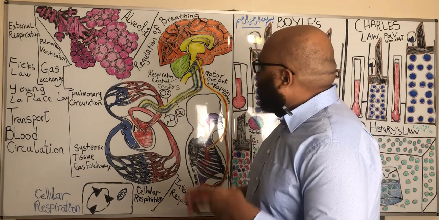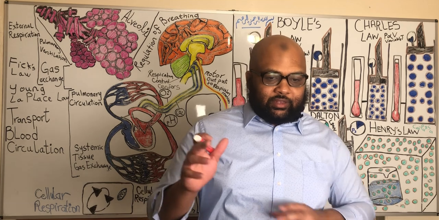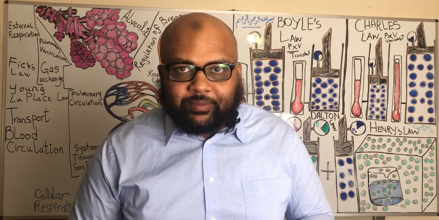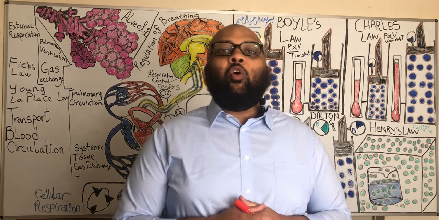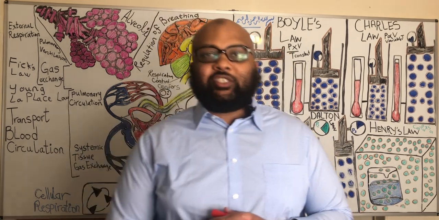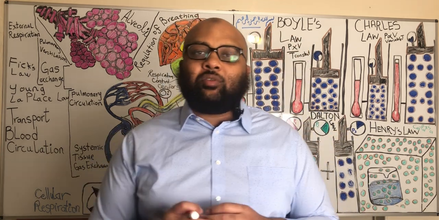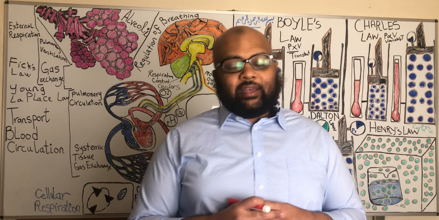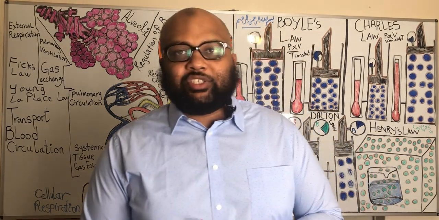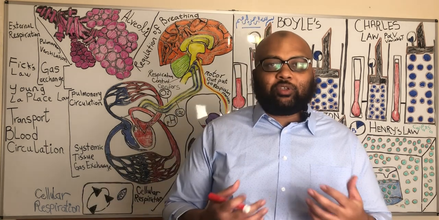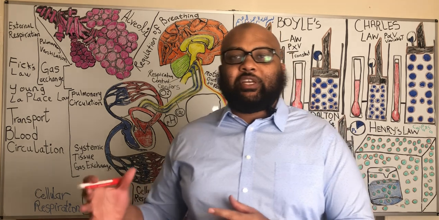So, the main concern we need to know is that this is your respiratory system. The respiratory system is concerned with homeostasis of gases and pH. We need an adequate homeostatic amount of oxygen. And in the body, there is a metabolic waste. Why do we need oxygen? Because oxygen is important for oxidative phosphorylation. That's why they call it oxidative phosphorylation.